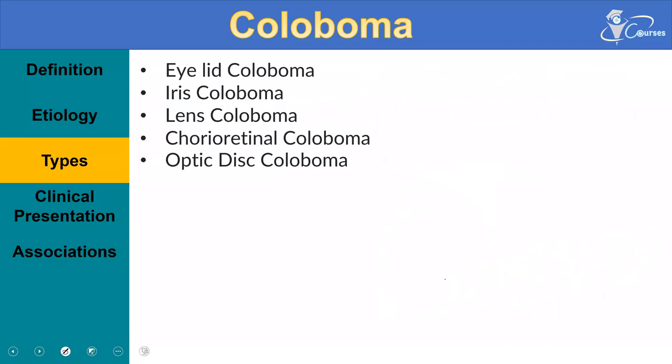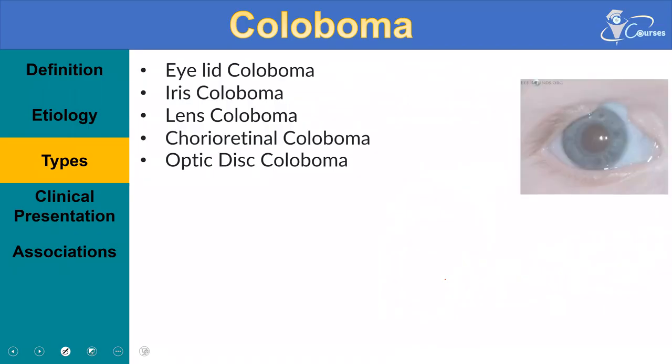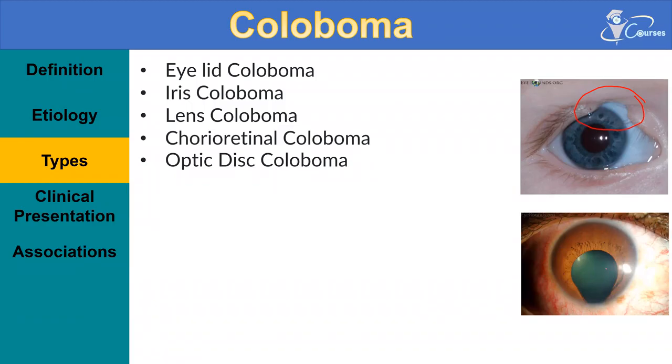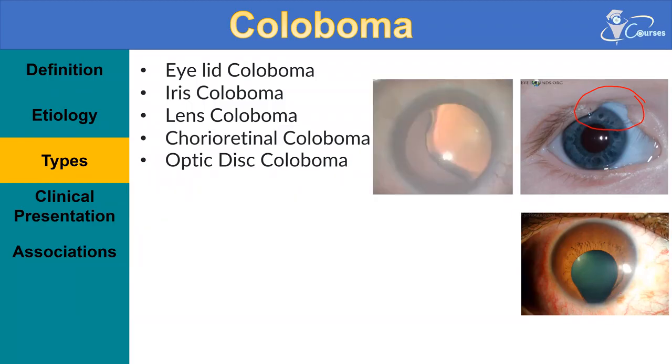So what are the types of coloboma? It could be an eyelid coloboma. You can see there is a defect in the eyelid. Or it could be iris coloboma. Here you can see there is a defect in the iris. Lens coloboma is a lower nasal defect of the lens, so there is absence of the lens and the absence of the zonule.